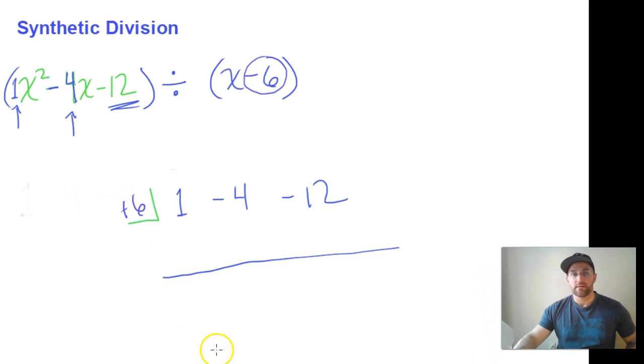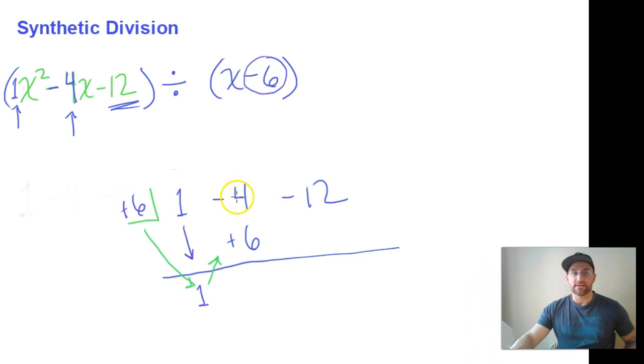We're then going to drop the first coefficient, 1, and we will multiply 6 by this value, and write the product up here. So 6 times 1 is going to be positive 6.